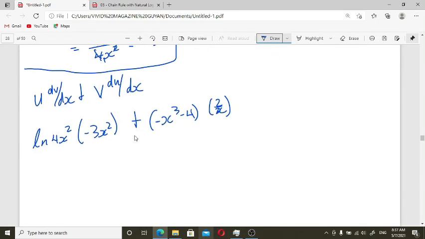Alright, so this is my dy dx. That's what it's equal to. Now, at this particular step, what you can do is just expand the brackets. So this is going to be minus 3x squared ln of 4x squared, right?